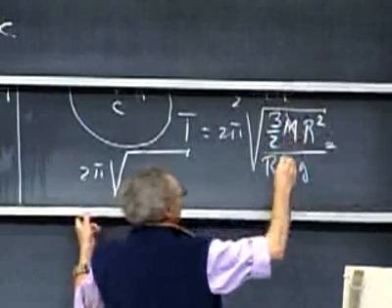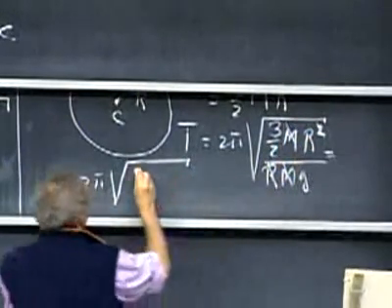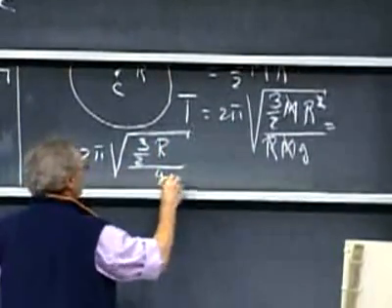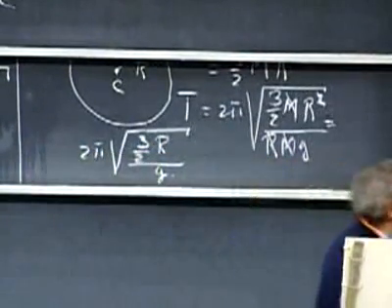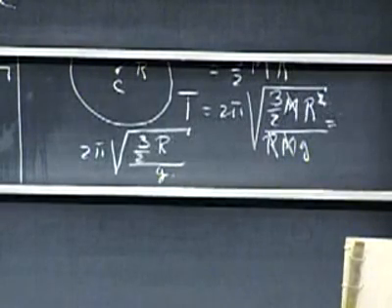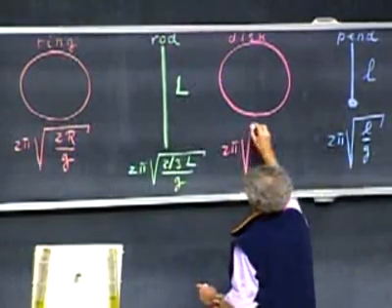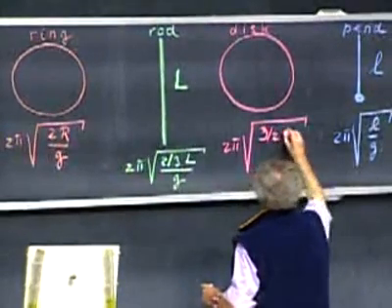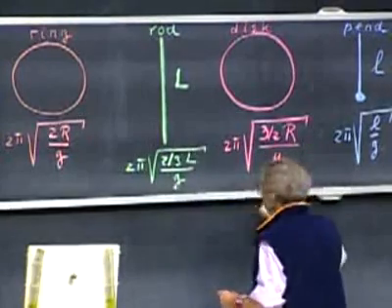I lose my m as always, I lose an r. I get here 3/2 r divided by g. And so let's write that down here. So we have 2 pi times the square root of 3/2 r divided by g.